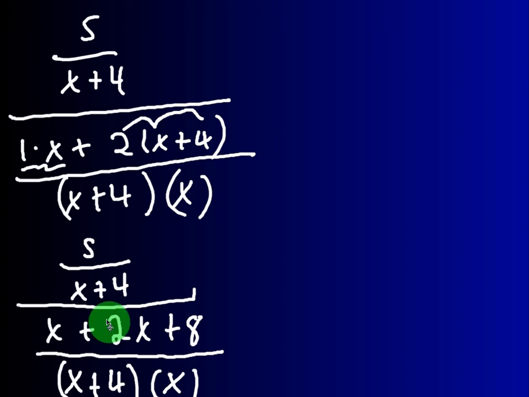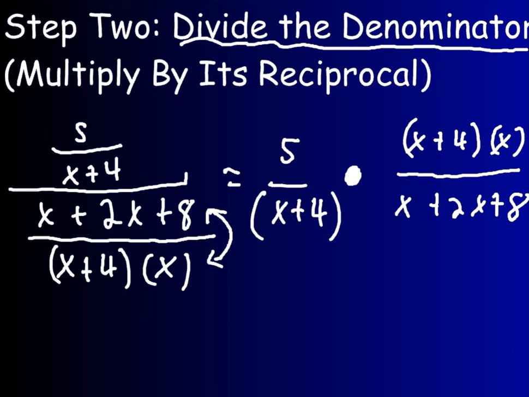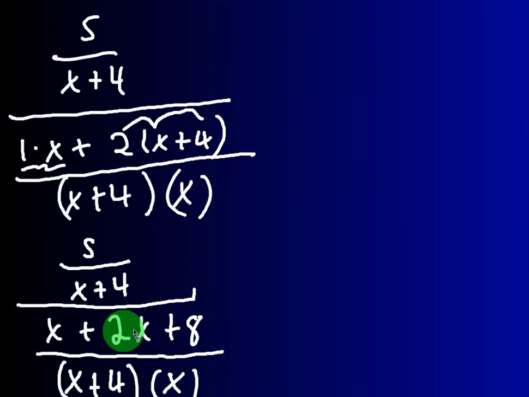This right here will simplify to x plus 2x plus 8. And of course, x plus 2x is, you guessed it, 3x. I don't know why I didn't do that before, but anyway, that is equal to 3x. I guess there's a reason I left it that way.